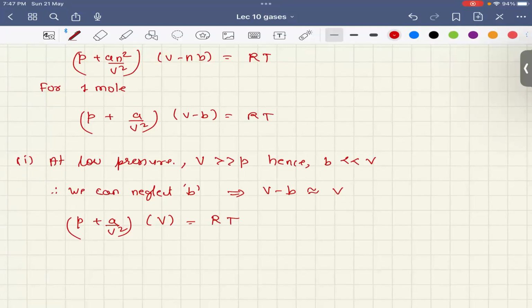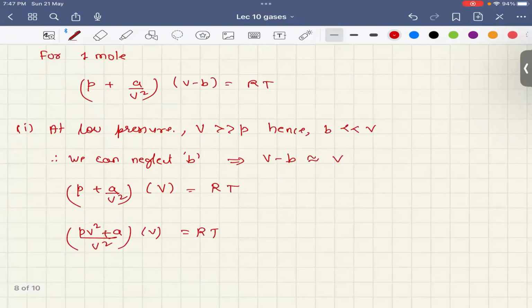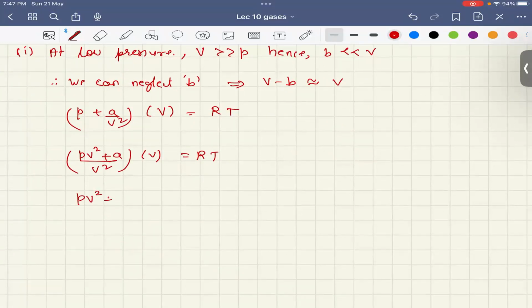Hence, what we get is PV plus a by V is equal to RT, right?